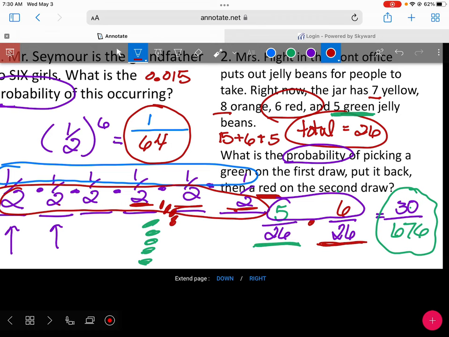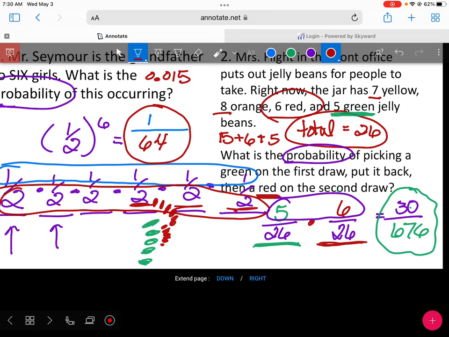So each one of these 5 green jelly beans could have a red jelly bean be the next selection. That's just what it means.